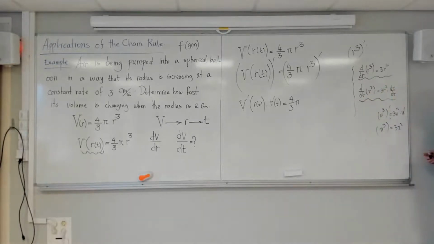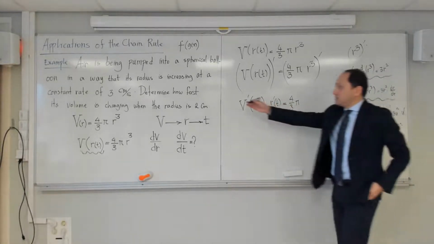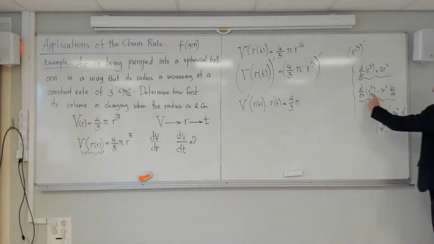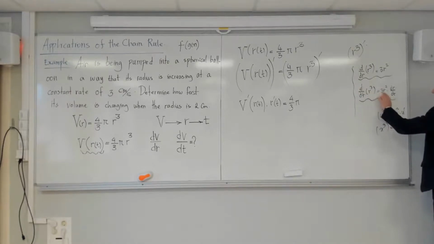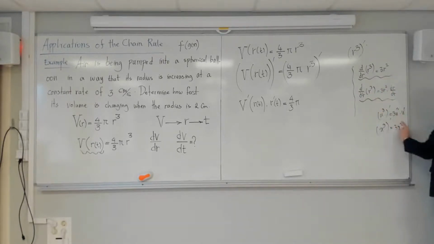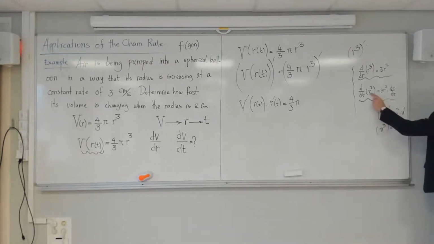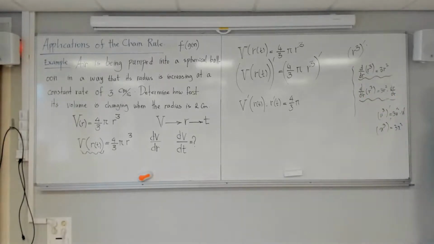I would write 0. But now that I see that this problem relates r to time, you don't say that this is a constant, because it is not. So you take the derivative, but you don't stop there. You have to multiply by this extra u prime, which you learned in chain rule. This extra u prime means the derivative of u, the derivative of r, but the derivative with respect to the quantity that you are taking the derivative, so it becomes dr dt.